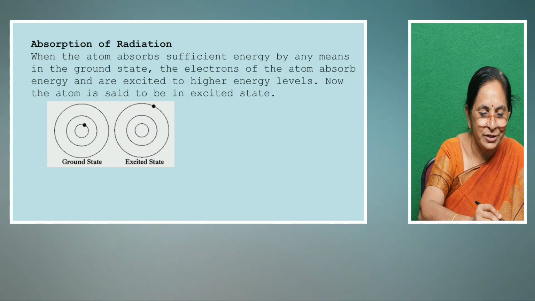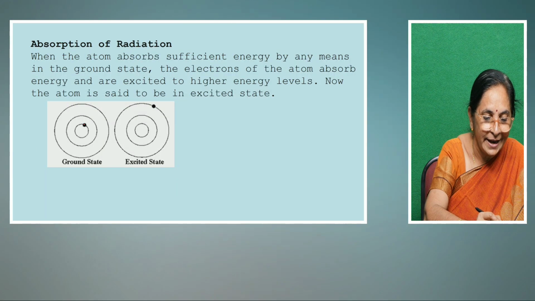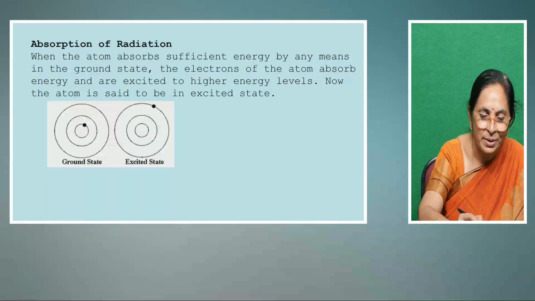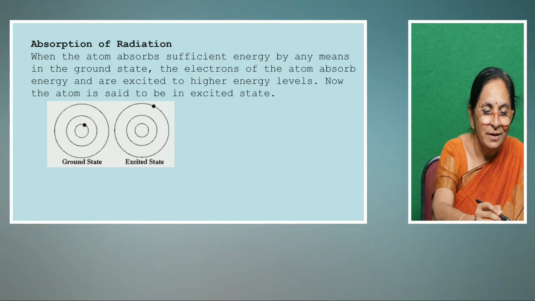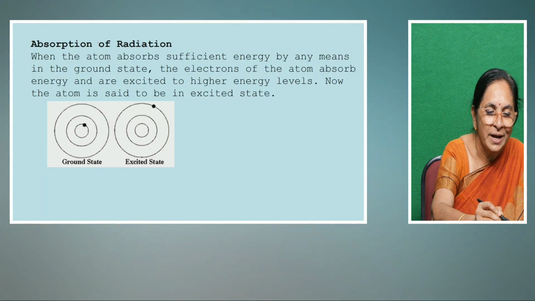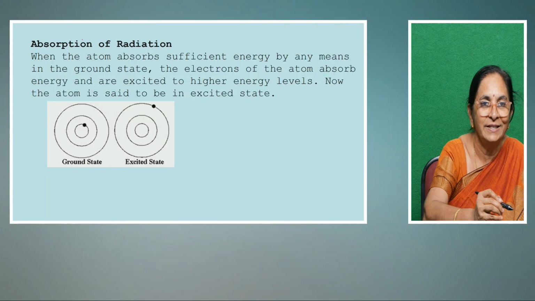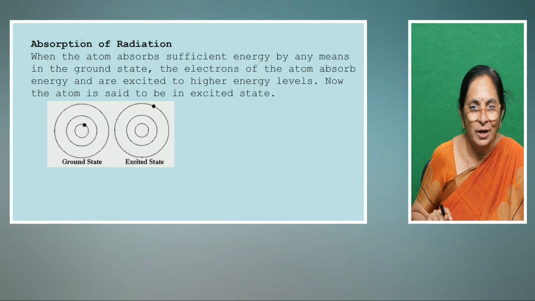Suppose when the atom is in the ground state, by some means it absorbs energy and gets excited, that means its electron from the first orbit gets excited to a higher energy level. This is because the electron of the atom has absorbed certain energy. This is what is called absorption.